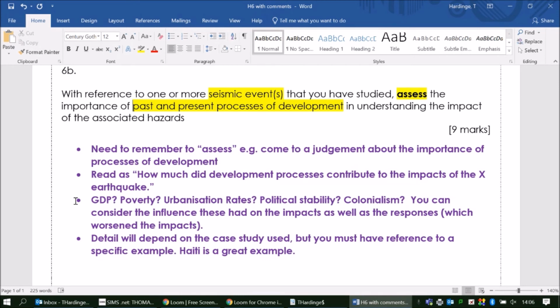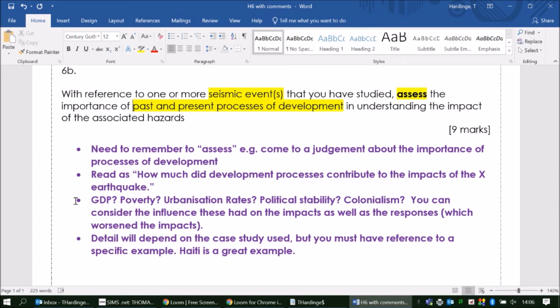When I first looked at this question, Haiti and the Haiti earthquake, that is a great example that you could use. There are lots and lots of past and present processes of development which have contributed to meaning that the impact of the Haiti earthquake in 2010 was very significant.